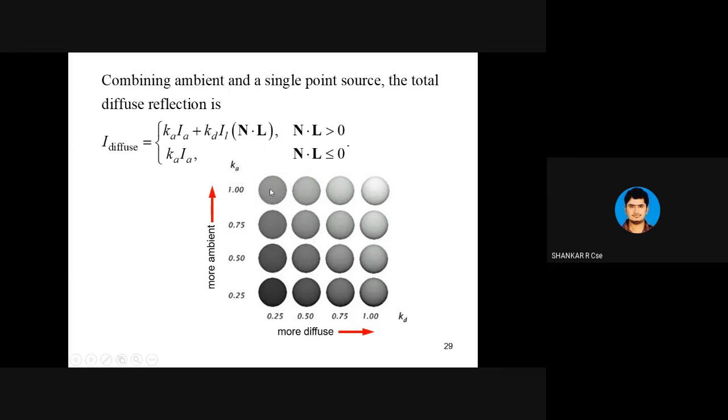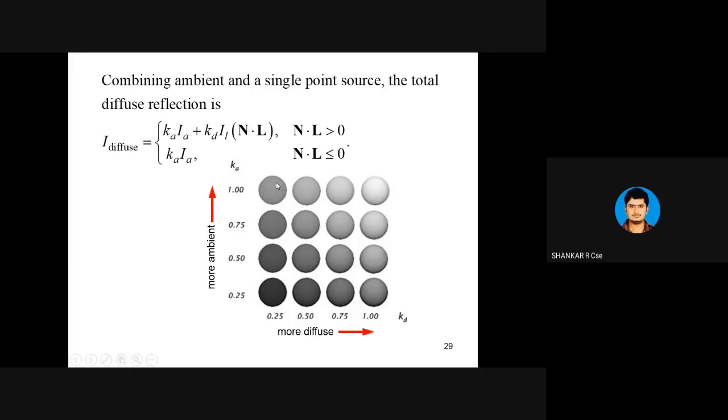Bottom right is equation number 1, having more diffusion, and equation number 2 is the top left, wherein there is no diffusion at all, N into L is less than 0, so you will have only KAIA, that is only your ambient light.